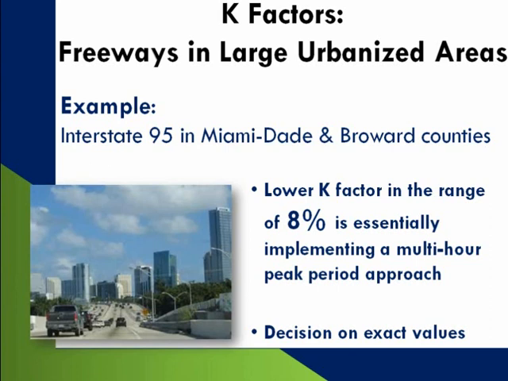And what this largely represents is the department accepting a multi-hour peak period approach. Rather than a single hour, it's going to about a 2-hour peak period to evaluate, plan, design our freeways in the major urbanized areas. It's up to the districts to determine the exact values of what these core freeways are.